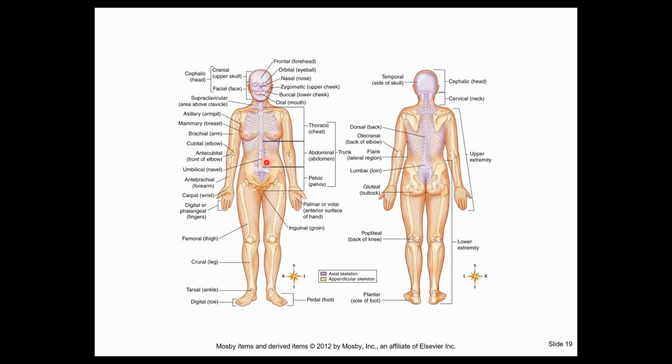When you build a house, you have a frame, right? And on that frame, you hang the walls, roof, and so forth. So this is basically your frame, the axial skeleton. And so everything else is attached to it. Your arms and your legs are attached to the skeleton, actually.